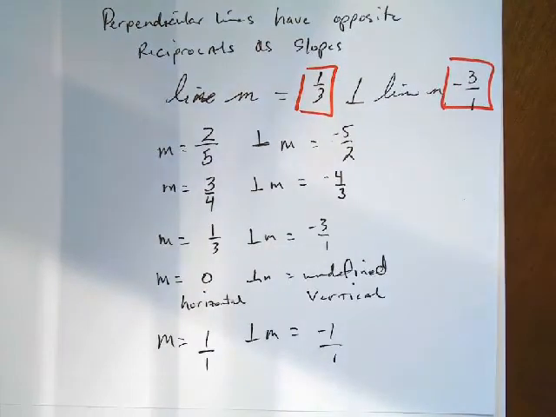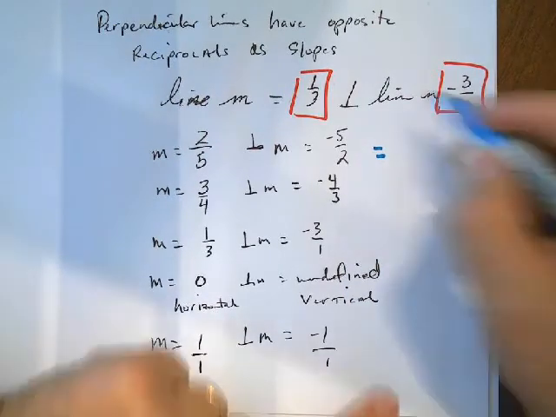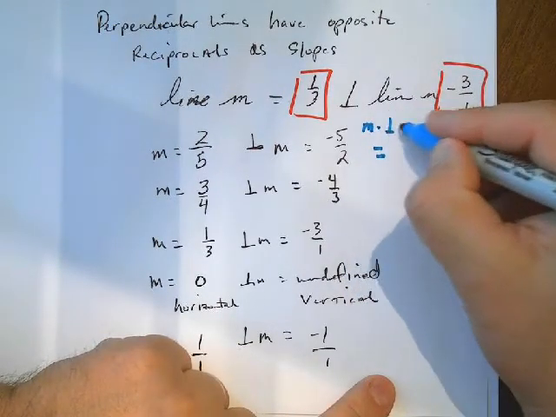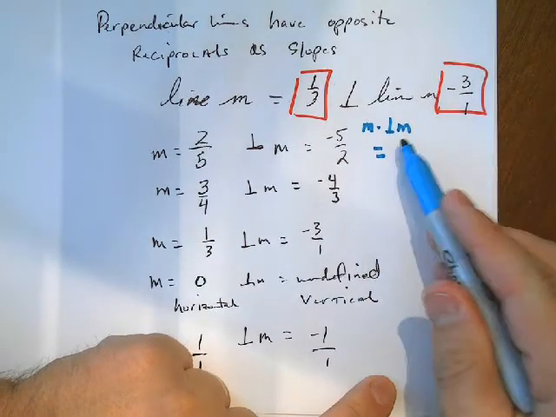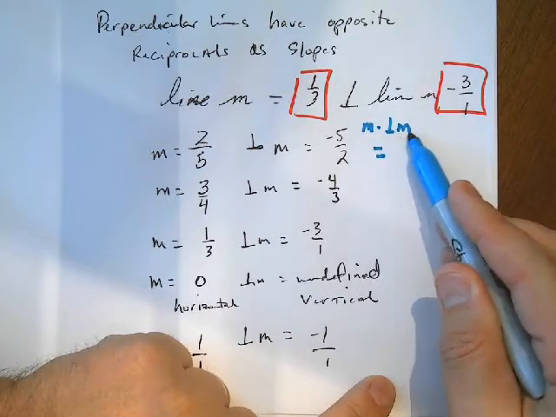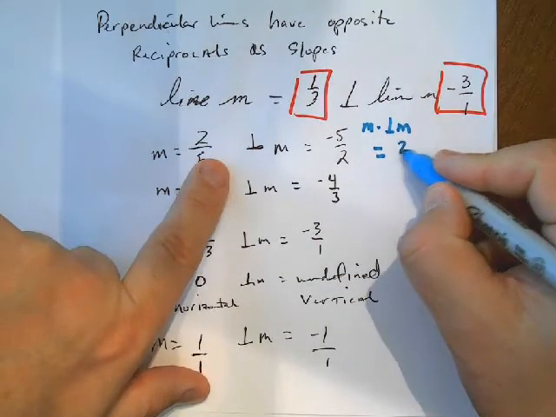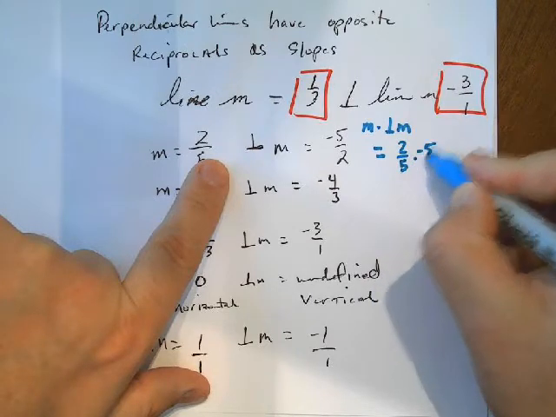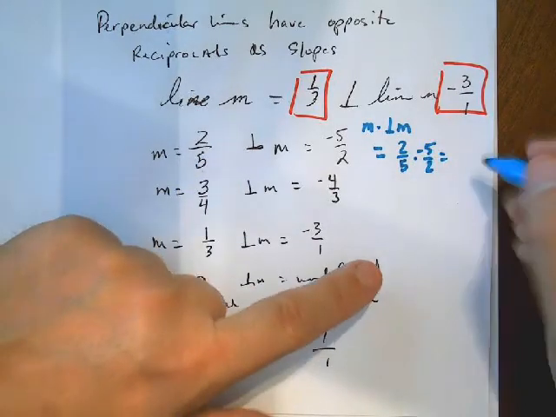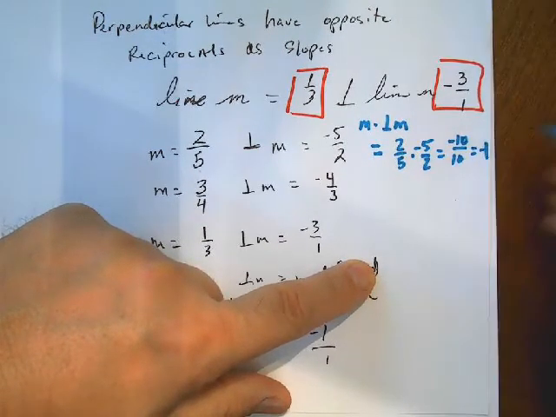Here's an interesting thing we can take away from this: if we were to multiply the slope and the perpendicular slope, so we're multiplying two different things, 2/5 times -5/2. Remember, they're opposite reciprocals. If we multiply those, we get -10 over 10, which is -1.